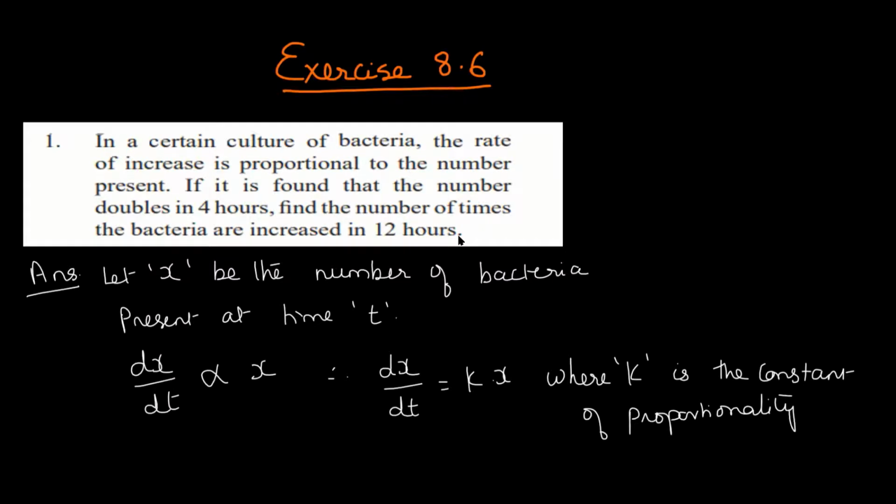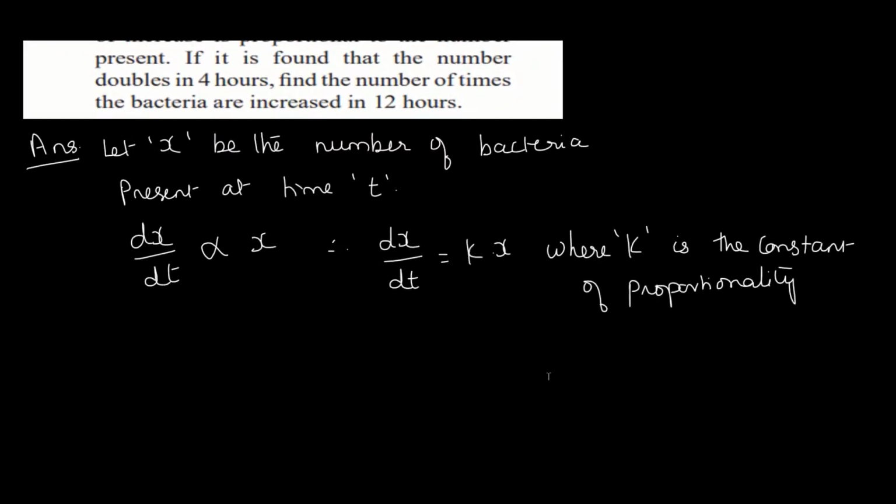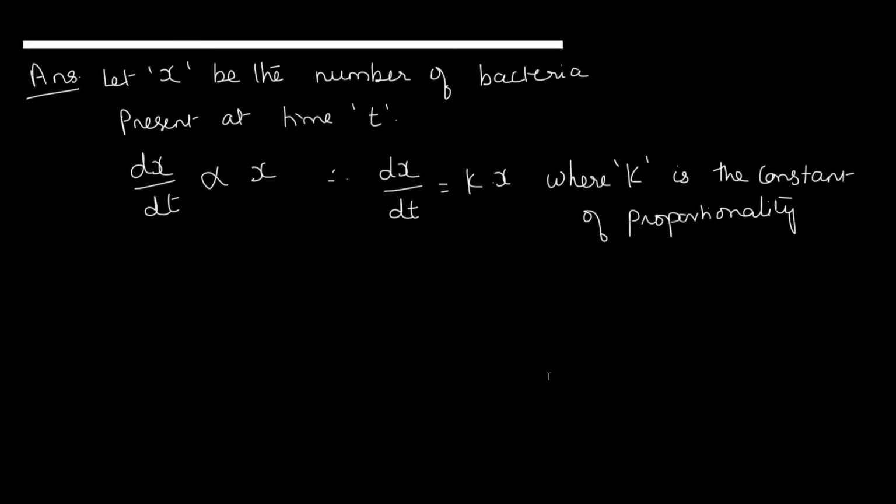Now what we do is that we change the sides. We bring x to the LHS and dt to the RHS, so that we can integrate properly. So we separate the variables. Therefore we have dx upon x is equal to k into dt.